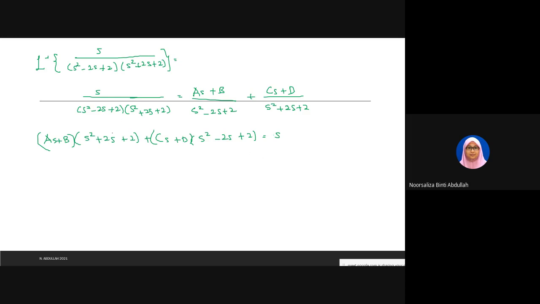You kena kembangkan ni dulu. Kembangkan salah satu, make sure tulis betul-betul.